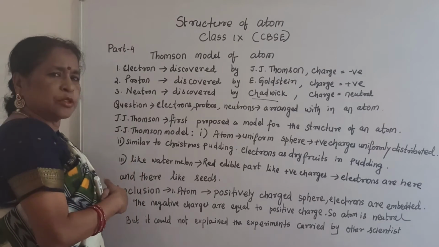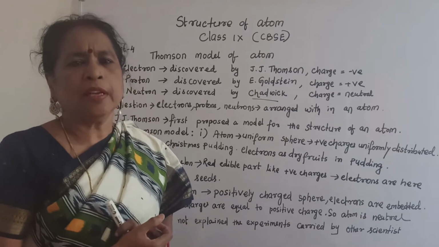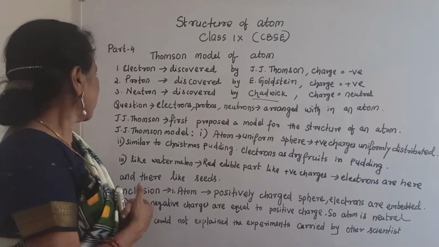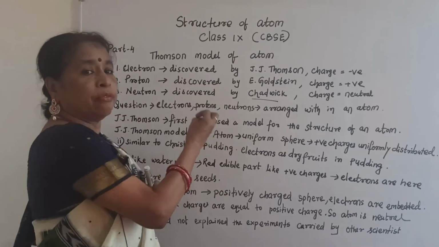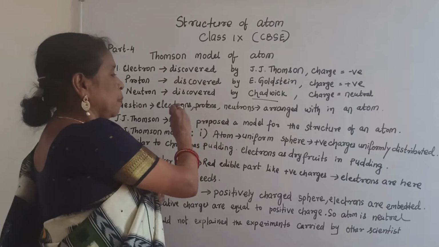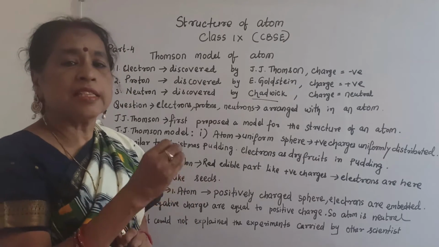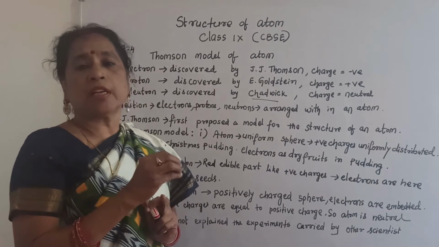Now many scientists came forward and put forward theories and models for the structure of the atom, but J.J. Thomson proposed the first theory and first model, that is called the J.J. Thomson model, or simply the Thomson model of atom.